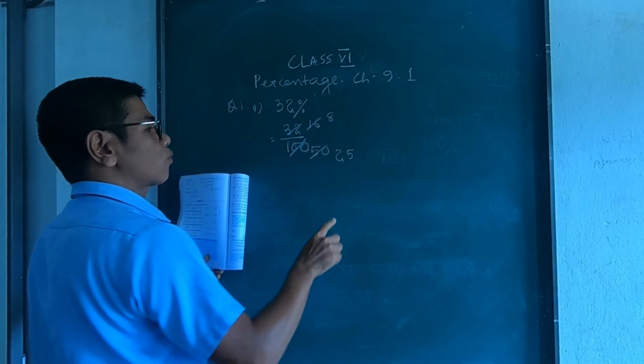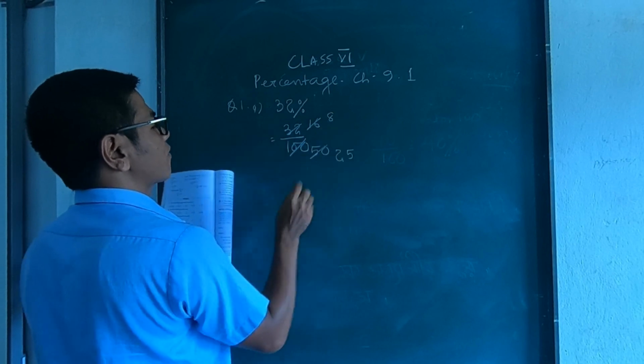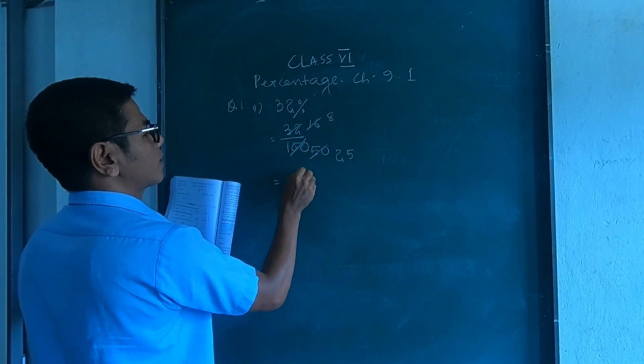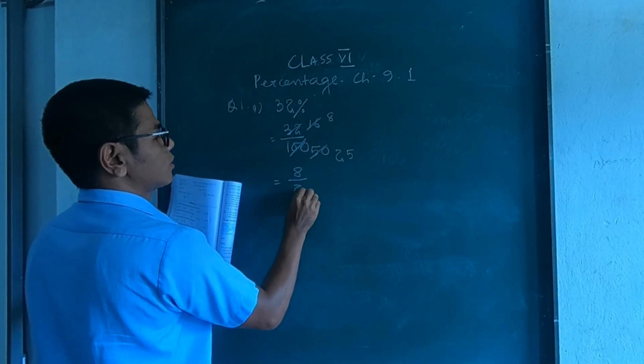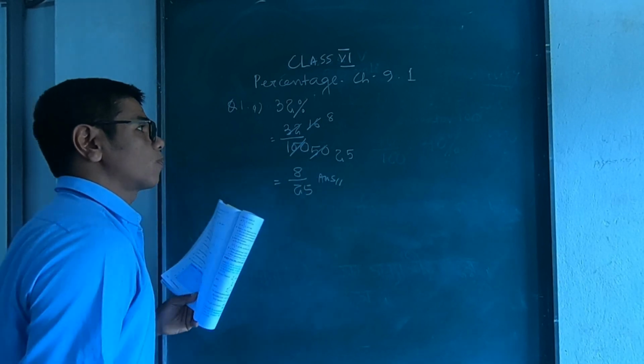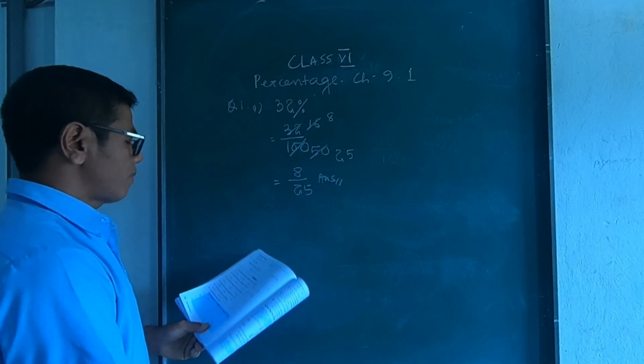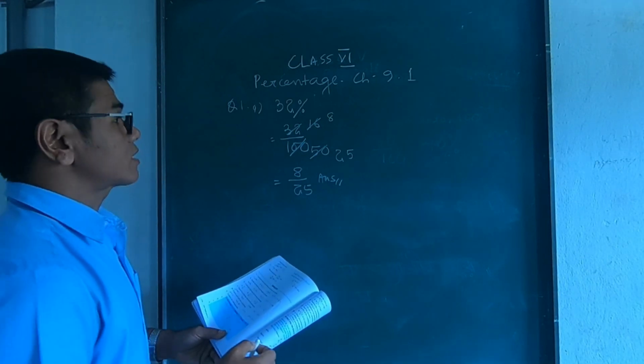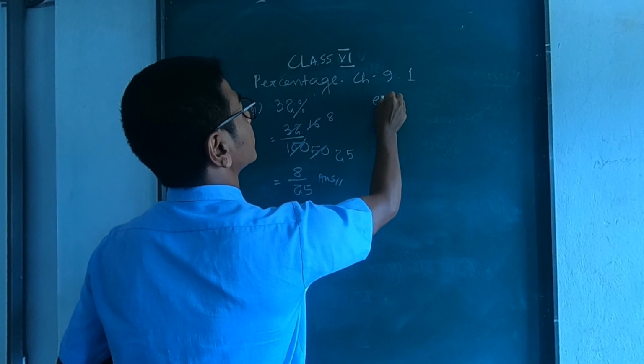When you cannot cut with a common factor anymore, that is the final answer, so we write 8 by 25. This is the right answer. I hope you understood. 8 by 25.